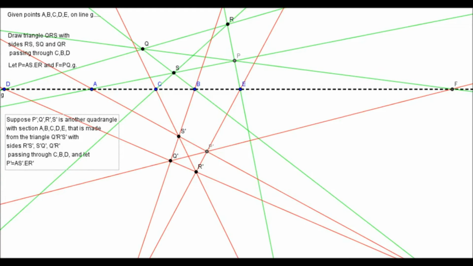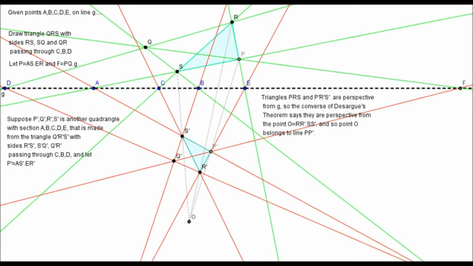So it should be pretty clear that we have quite a few triangles that are perspective from this dashed line, little g. Why? Well, because these quadrangles can be thought of as made out of triangles. So here's one triangle, let's look at the upper green quadrangle for a start.